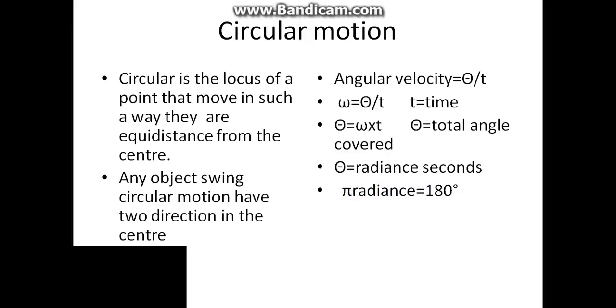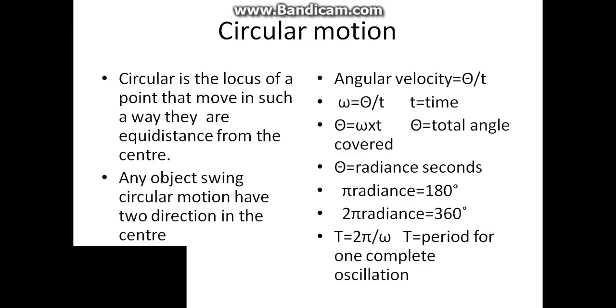Pi radians is equal to 180 degrees. 2 pi radians is equal to 360 degrees. Period capital T is equal to 2 pi over angular velocity, where capital T is the period for one complete oscillation.